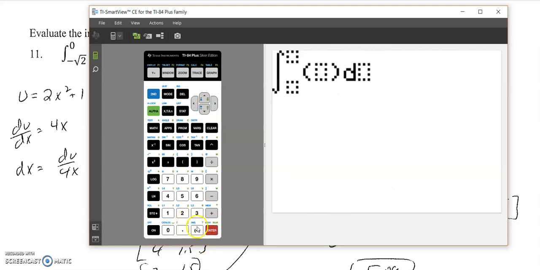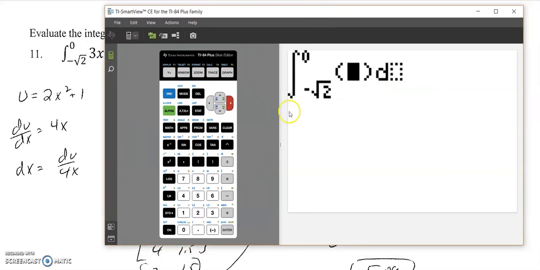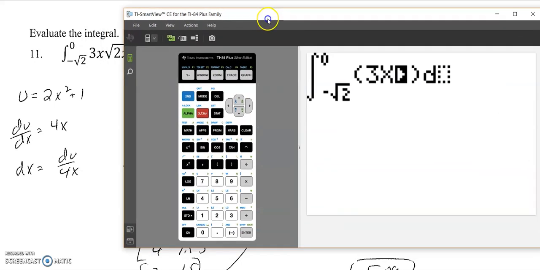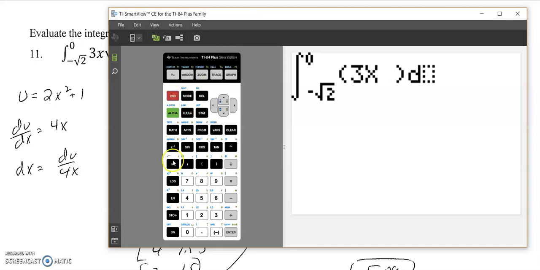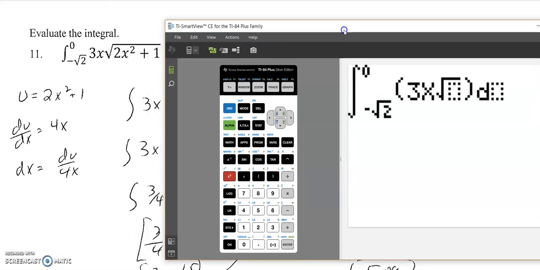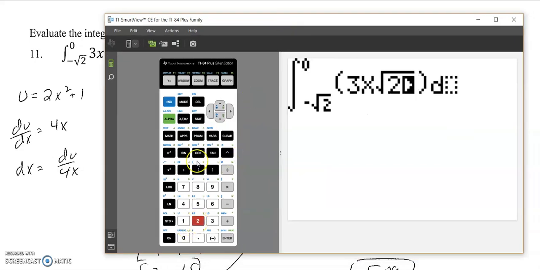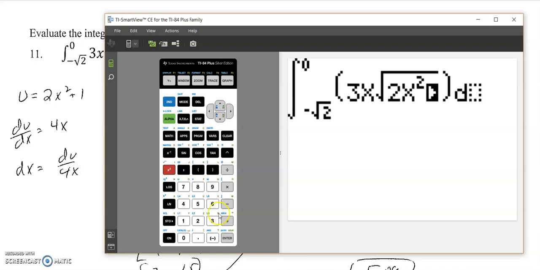And this one goes from negative square root of 2 as the lower bound, 0 is the upper bound, and then we type in the original: 3x square root, and inside the square root we have 2x squared plus 1, and then don't forget the dx at the end.